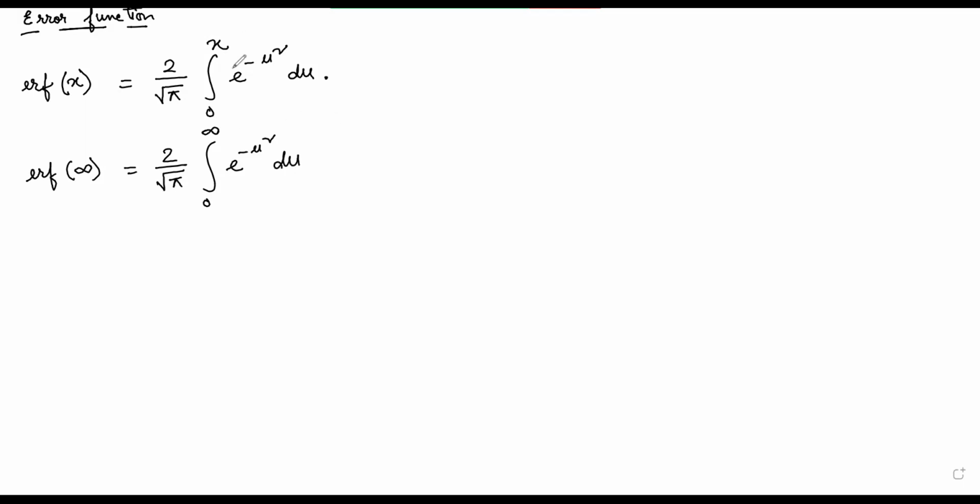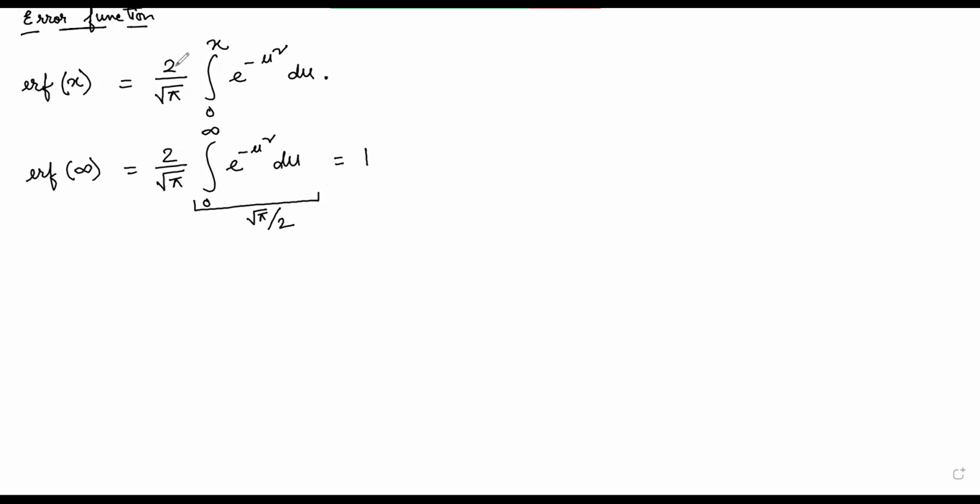So if this x becomes infinity, the net value of this integration is root pi by 2, and therefore the error function becomes 1. The value of this integration we know from gamma functions. It is equal to root pi divided by 2, so this root pi divided by 2 cancels with the 2 by root pi, and we get the value 1.